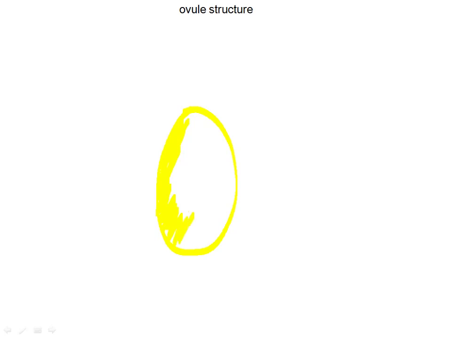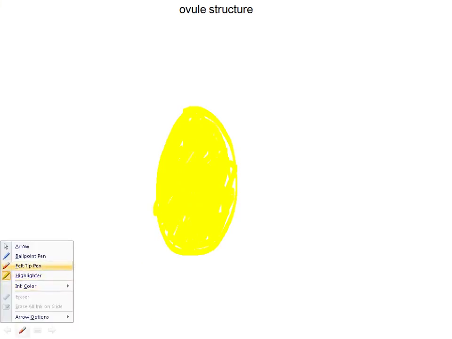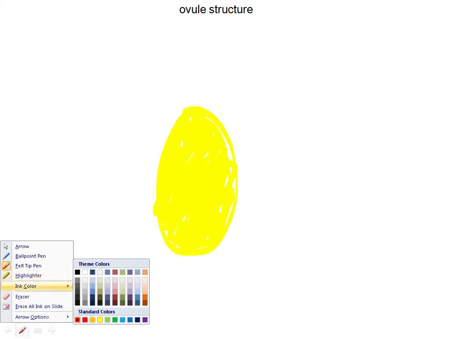And I think I remember, did I do the megagametophyte in yellow before? It was red. No, on the last one it was red on the other one. Well, I can't do it in red because I've got to draw inside it now, so I'll go back to yellow. I will label that in a minute here. Maybe I better label it now.